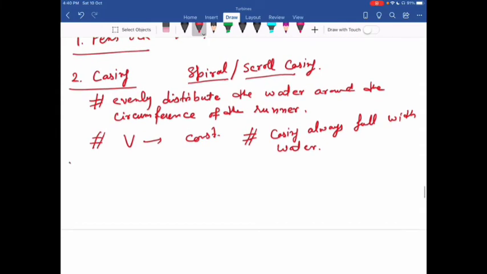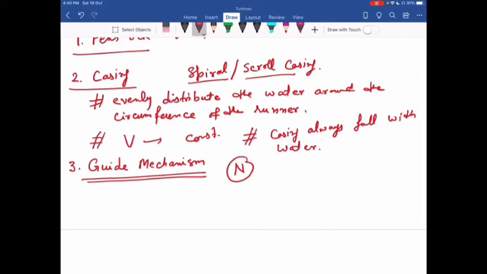Another component is the guide mechanism. We can use this guide mechanism to control the speed. Ultimately, we have to control the discharge. To control the speed, we have to change the discharge.